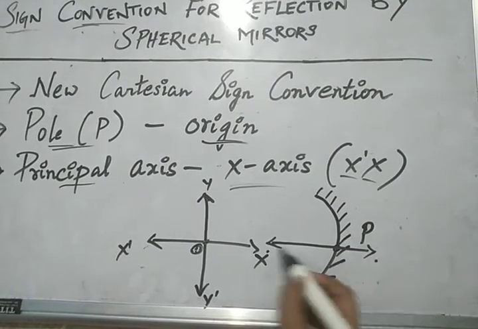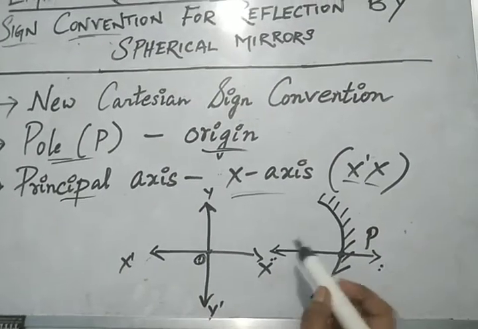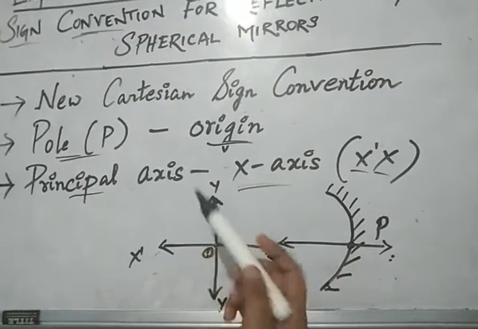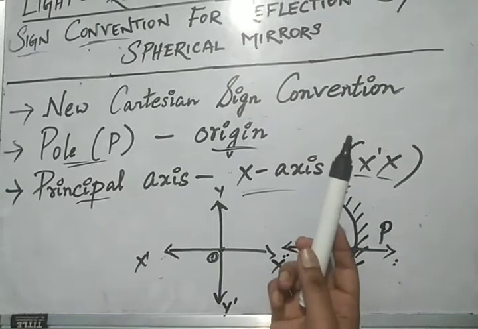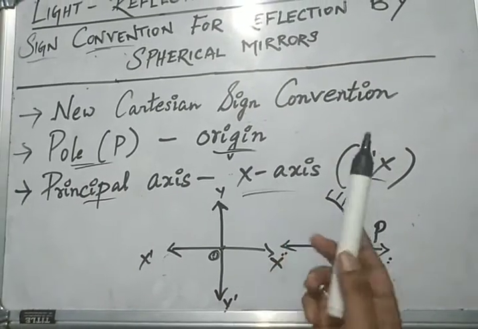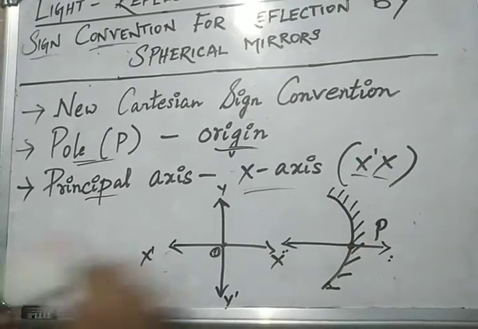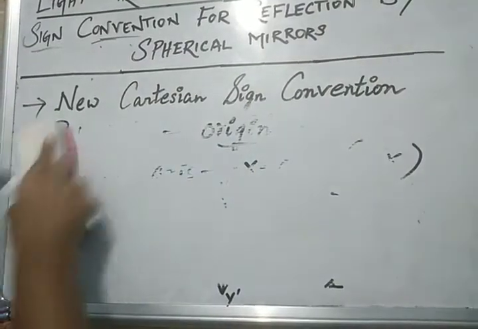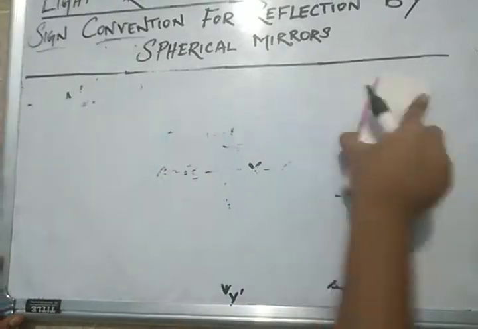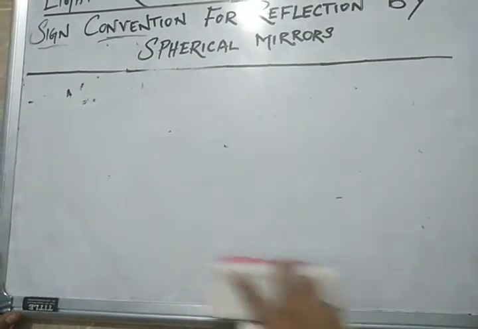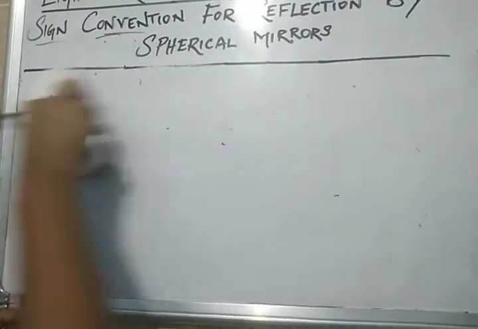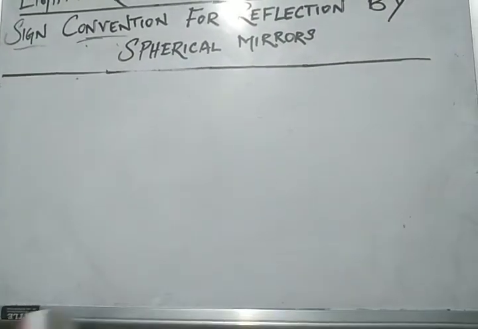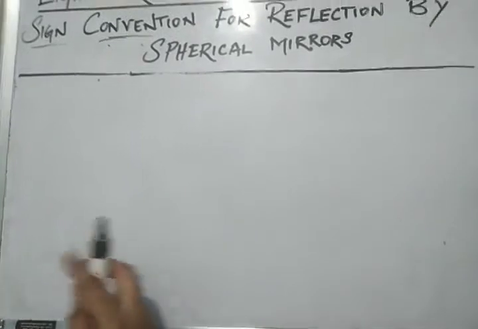Now, let me continue the sign conventions and explain in brief. After that, I will draw and show you. One by one, we'll be seeing the sign conventions: how they should be followed, which is plus or minus, how we take the distances of the object and of the image and all.